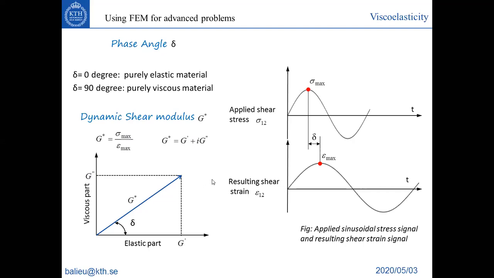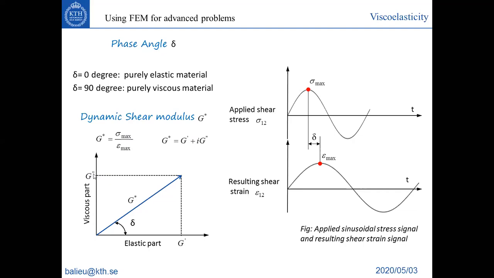And on the other way, there is an entire phase of delay. When this phase angle is equal to 90 degrees, that means you are only liquid. It's only viscous, the case of a liquid material. There is no elasticity.